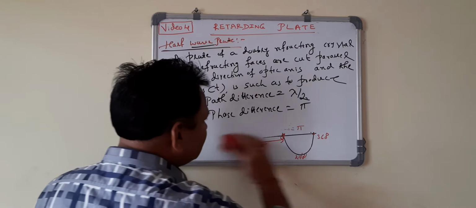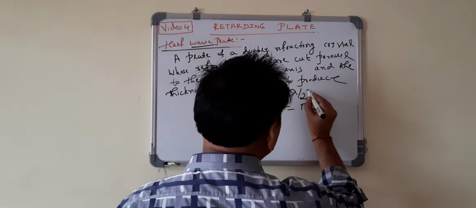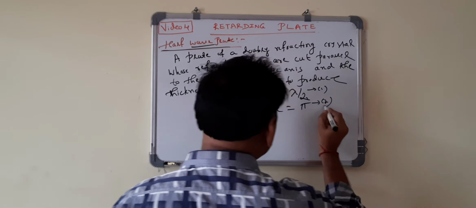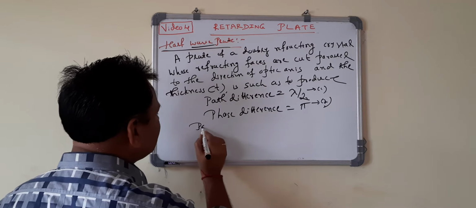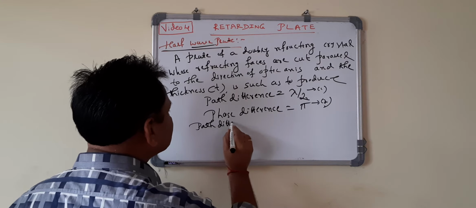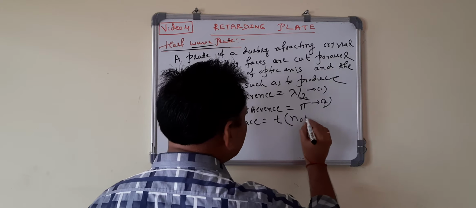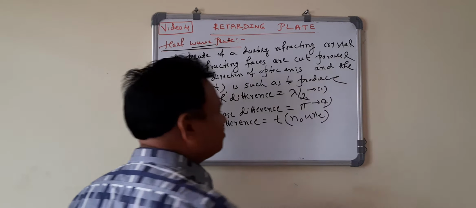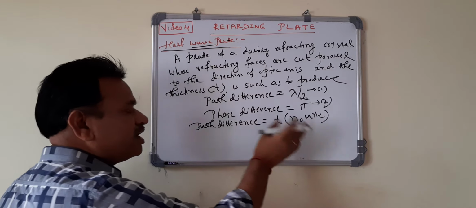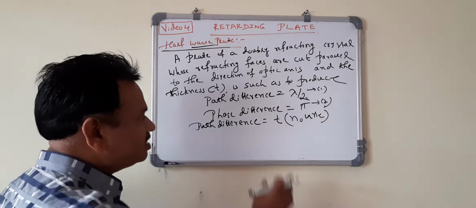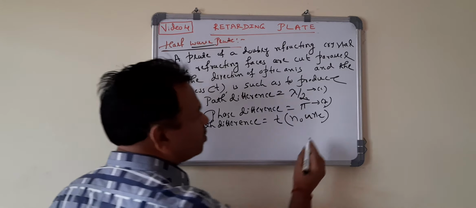Next, this is equation number 1 and this is equation number 2. And also we know that in geometrical optics, path difference we can write in this fashion: path difference equal to thickness into NO difference NE. It is a difference symbol, just a symbol for difference. You have to subtract the smaller value from the greater number. NO is the refractive index of the ordinary ray. NE is the refractive index of the extraordinary ray.